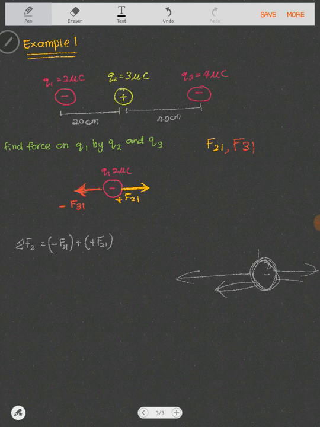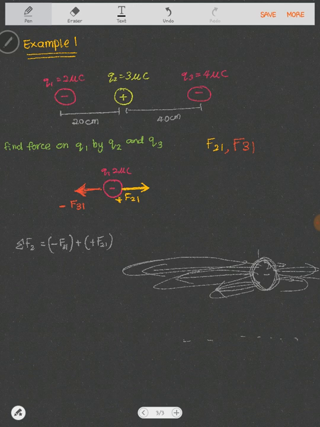Kita campurkan semua, yang tertolak, yang tertarik, with the direction, including the direction which is negative, campur dengan positif, dapat berapa daya bersih dia. So that's why kita letak negatif tu dekat front. Sebab kita boleh juga tulis sebagai F21 plus F21 minus F31.